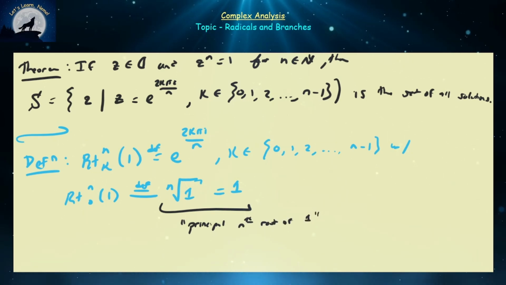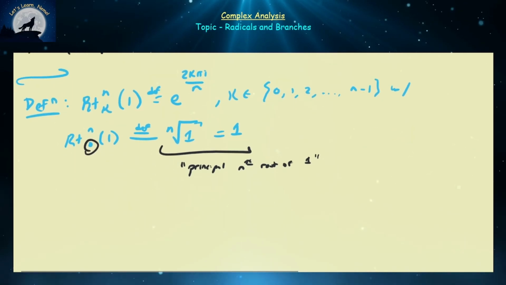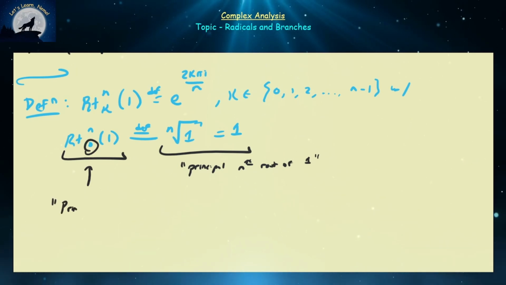Why is it the principal nth root of 1? Because it chooses a particular root of 1, in particular the 0 branched root of 1. So this particular function is the principal branch of rt n k.